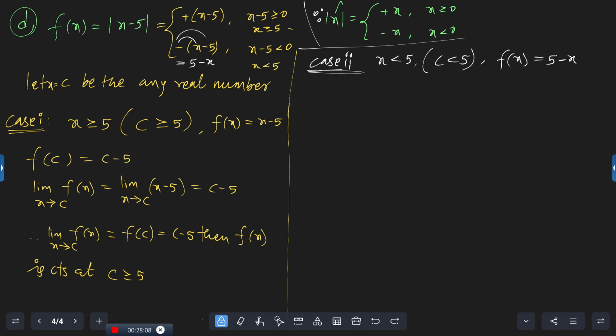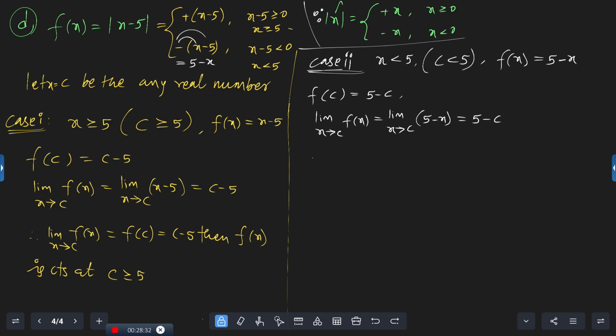Now the function value f of c is equal to 5 minus c. That's it. And the limit value, the limit as x tends to c of f of x, which is 5 minus x, so 5 minus c.